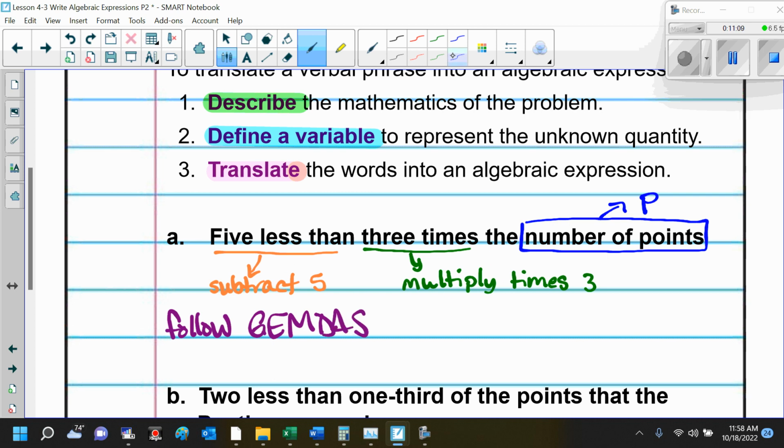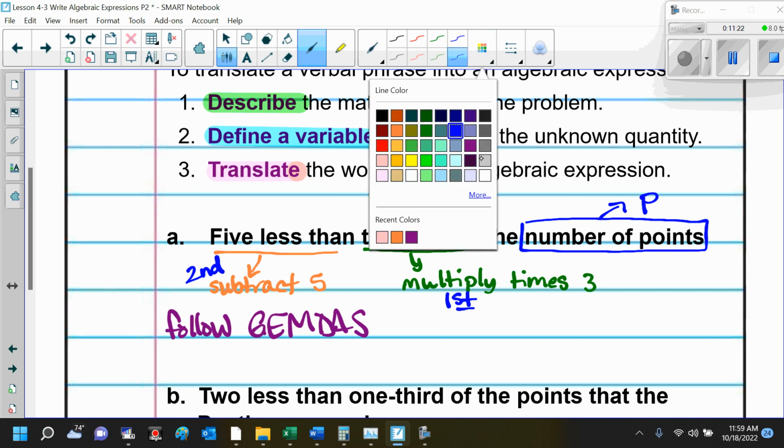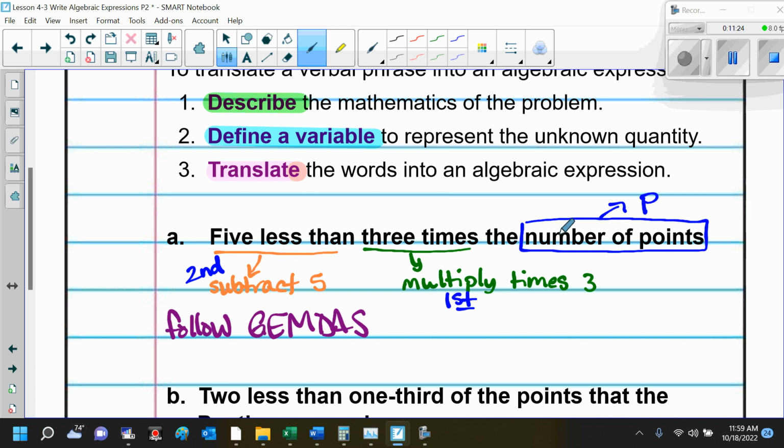With what we have here, we're going to do the multiplication first, and then we're going to do the subtraction second. Is everybody clear with that? So the expression that we're going to write is the multiplication first. So multiply times 3. So that's going to be 3p, 3 times p. And then we want 5 less than that. We want to subtract 5: 3p minus 5.